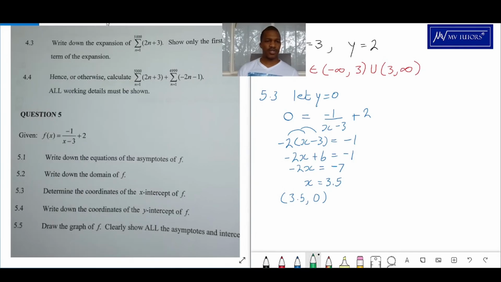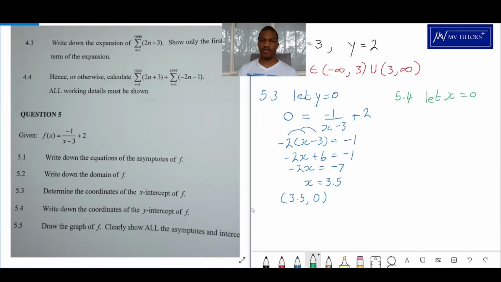Okay, let's see the next question. Write down the coordinates of the y-intercept. Okay, so for the y-intercept, you do the opposite. You say let x equals 0 this time.